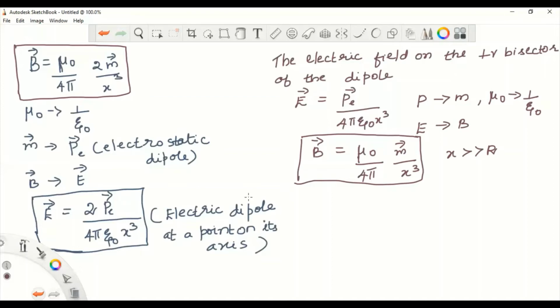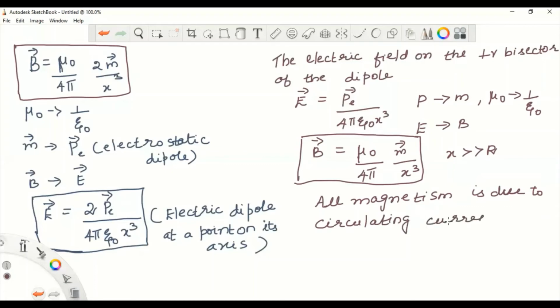So I'll write here: all magnetism is due to circulating currents.